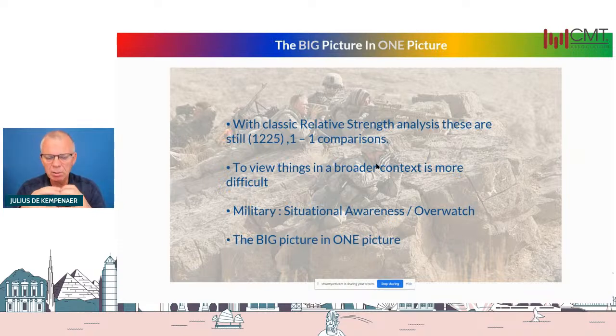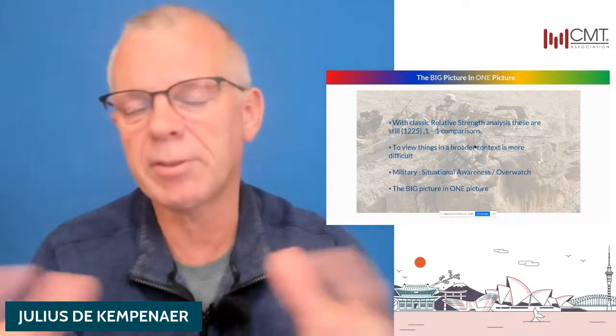And I'm going to go back to my military past. Maybe those of you who may have seen me before may know, but I spent 10 years in the Dutch Air Force. One of the things you learn in the military is that you always need what's called situational awareness. And military units try to get situational awareness by installing an overwatch unit.